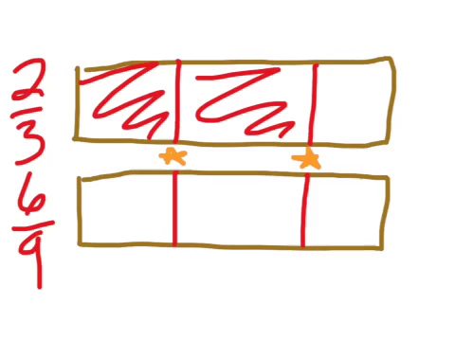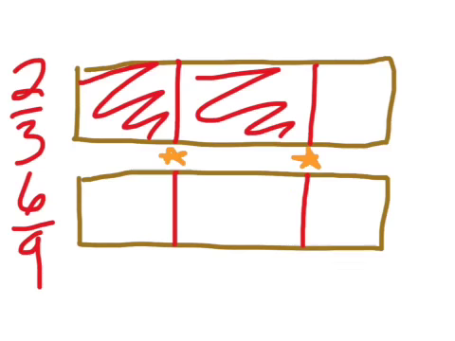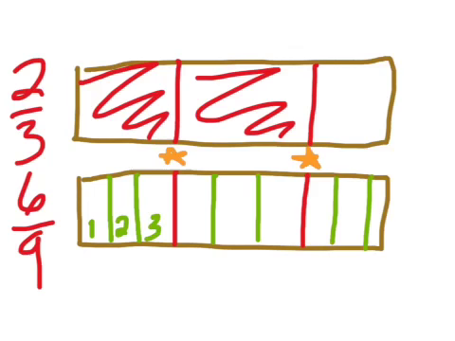And then what we're going to do is take that 2/3 and, just like we talked about here, we're going to multiply by 3, except in fractions, when we multiply by 3, we're actually just splitting each fraction into 3 parts. So 1, 2, 3. So each of my thirds I'm splitting into 3 parts.